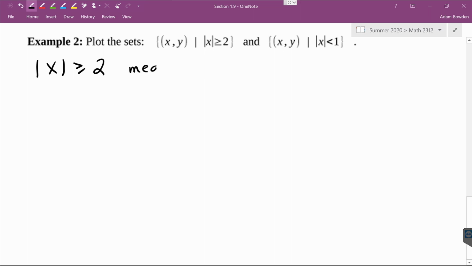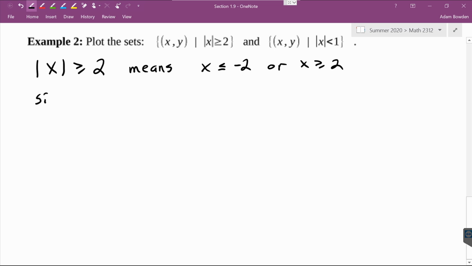Now, something that we know about absolute values is if you have an absolute value greater than a number, kind of like what we do here, we can actually rewrite that in a slightly different way. This means that x itself is less than or equal to -2, or x is greater than or equal to 2.